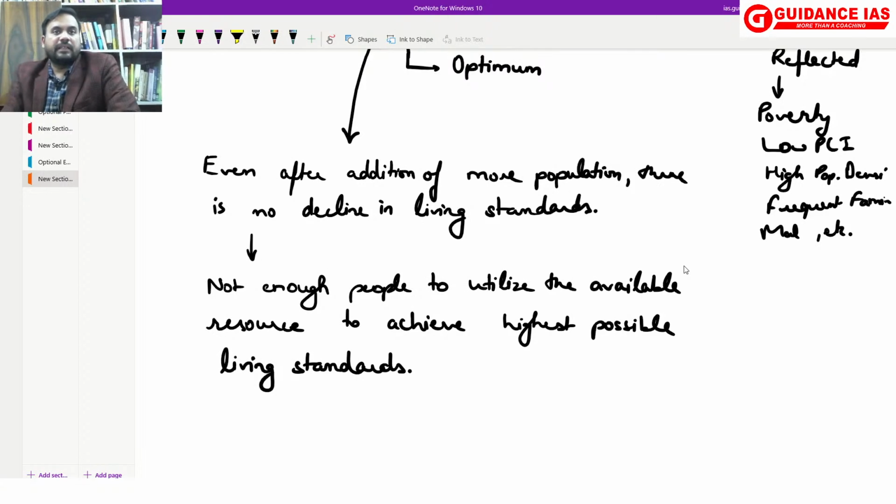To achieve the highest possible living standard. So, एक paragraph, what is underpopulation? You can give examples also.